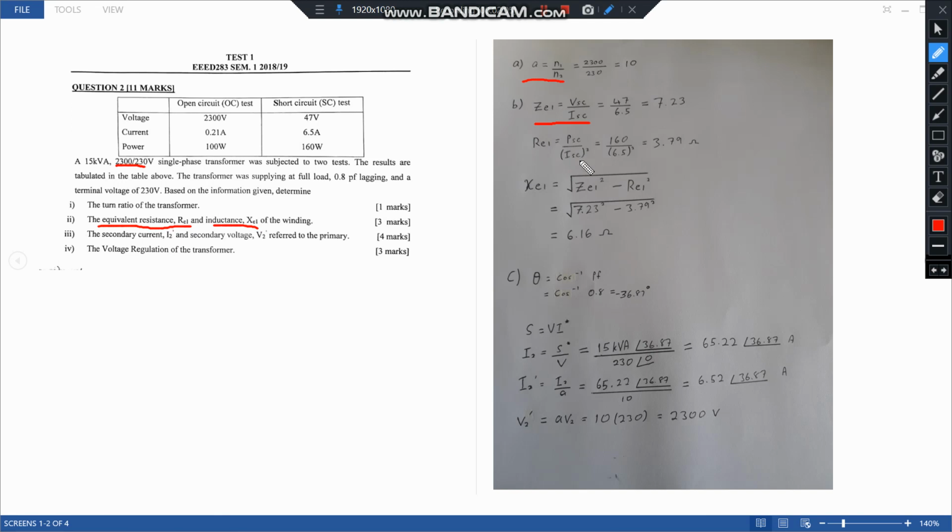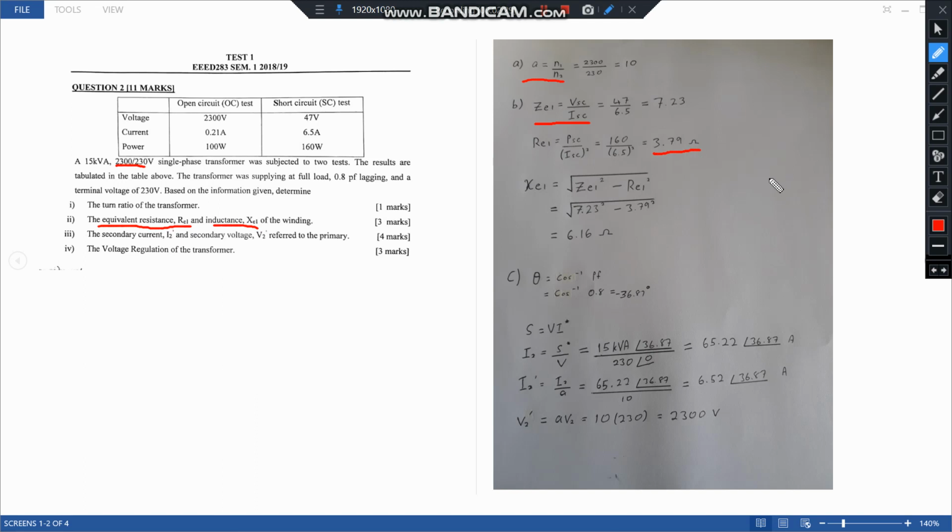RE1 equal to PSC divided by ISC squared. ISC is also given in this question and PSC is also given, so you can divide and get this answer. Next you just use the theorem Pythagoras.